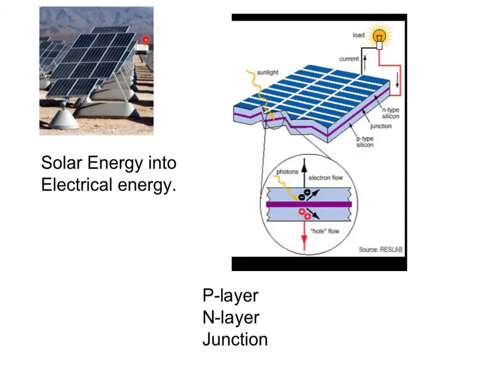We talked about solar energy. Here are those solar panels again. Here's a graphic I just screenshotted off the internet and inserted into my Explain Everything. It gives me a good visual representation of how these layers work.